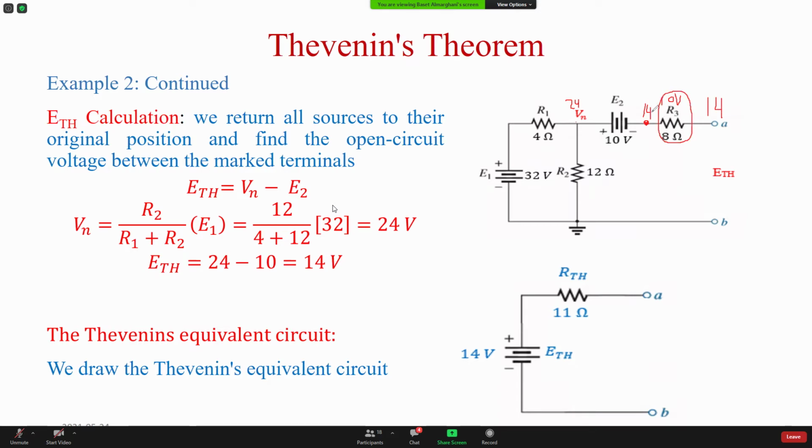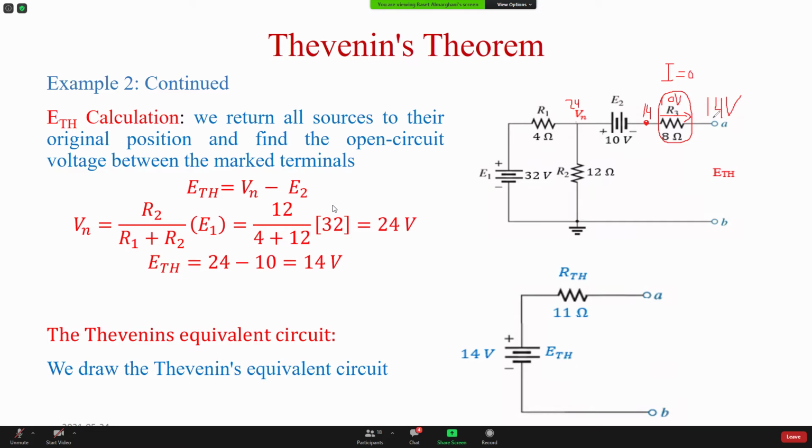So this 14 is going to be the same as this 14 here. If you don't change the voltage level, you stay at the same level, 14 and 14. What is the difference between them? It's 0 volt. There is no voltage here. Why is there no voltage here? Because there is no current. Why is there no current? Because it's an open circuit.